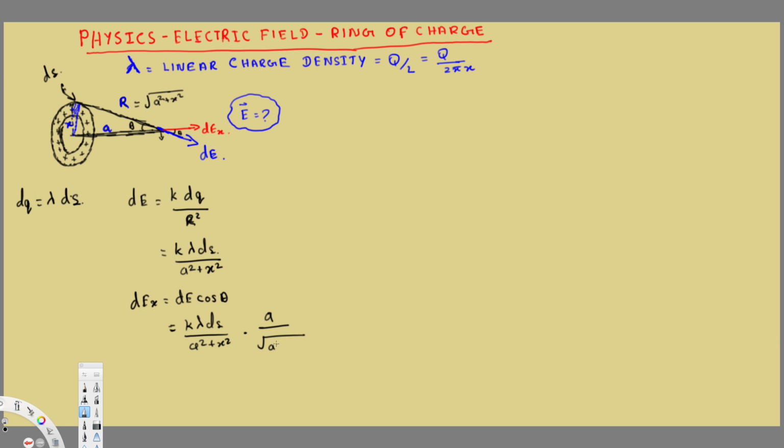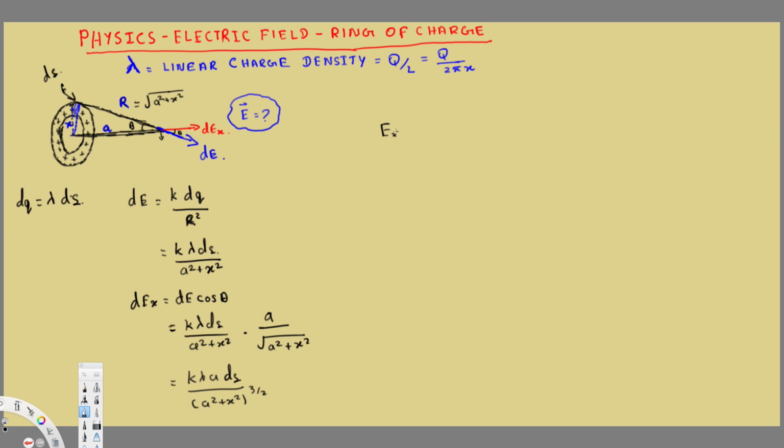This whole thing is to the power 1 half, and here it is power 1, so 1 plus a half is going to be 3 over 2. So this is going to be k lambda a ds over a square plus x square to the power 3 by 2. So this is our dEx, but we care about finding the Ex.